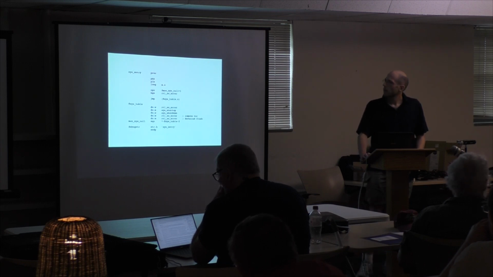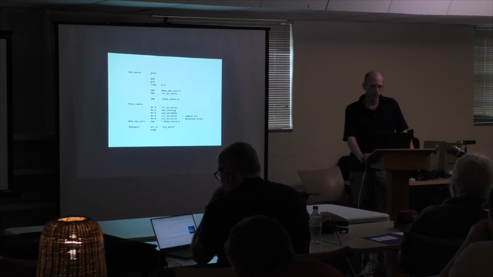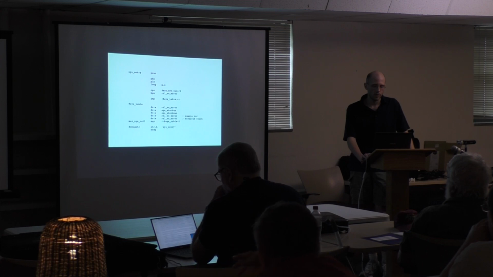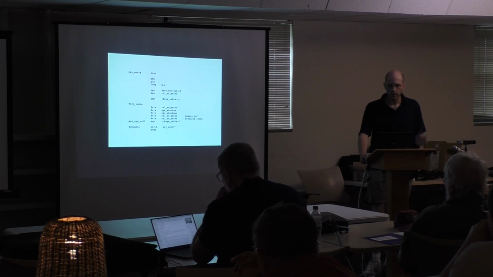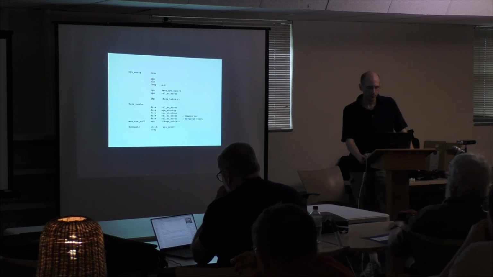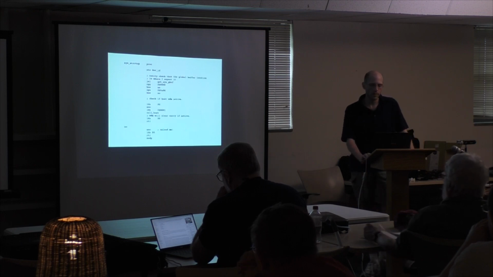Okay, here's some sample code from my host FST. This is the system entry. It basically checks that the system call is not too big. If it is, it's an error, and then it calls the jump table. The system startup call checks to make sure that the global system buffer is where I expect it to be.